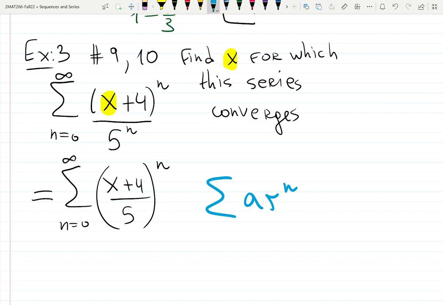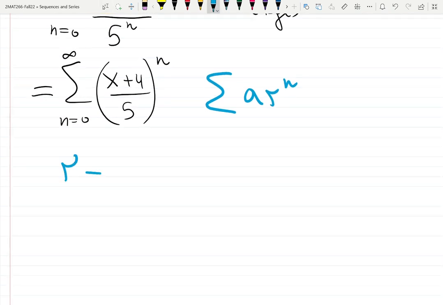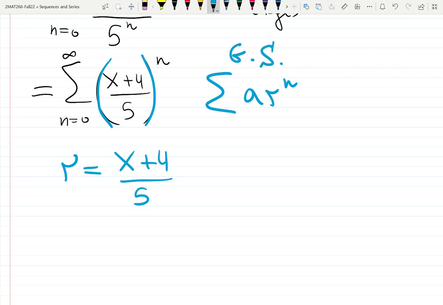And we know it converges when r is less than 1 by absolute value. So my r at this point is (x plus 4) over 5, literally everything inside of those parentheses. This is r, the common ratio. Let me write down: geometric series, GS.